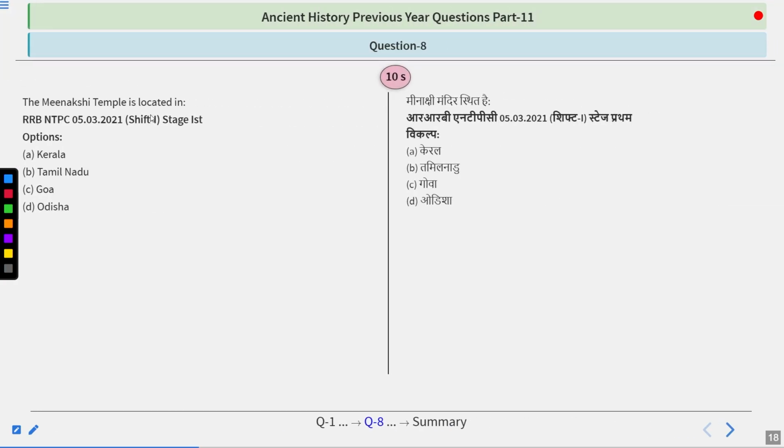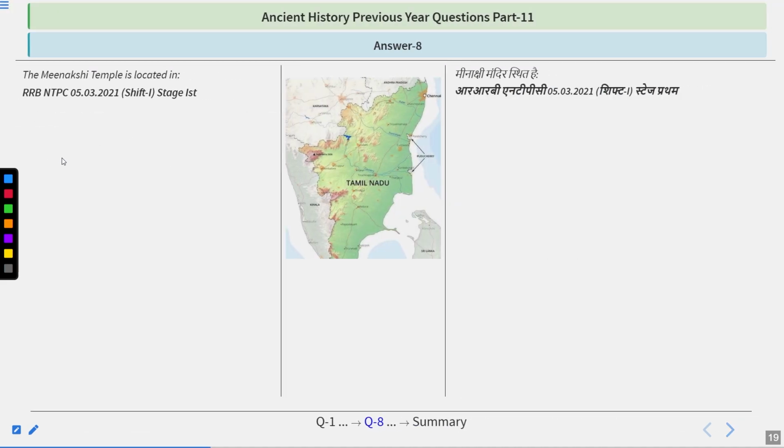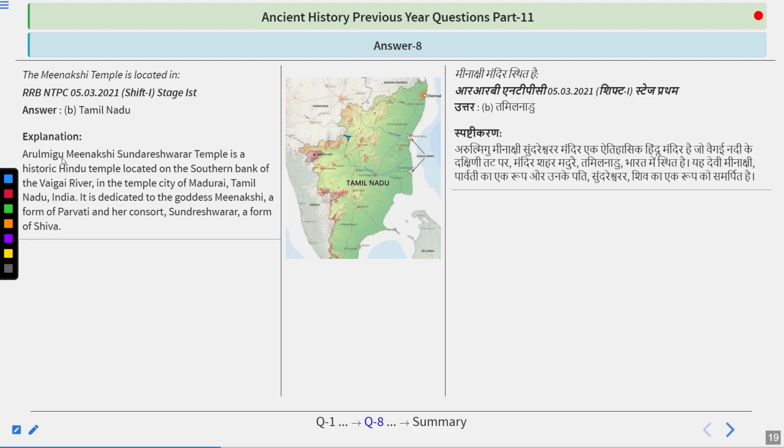Another question: the Meenakshi temple is located in. Try to answer this one. And I hope you got the right answer. The answer of this question is Tamil Nadu.